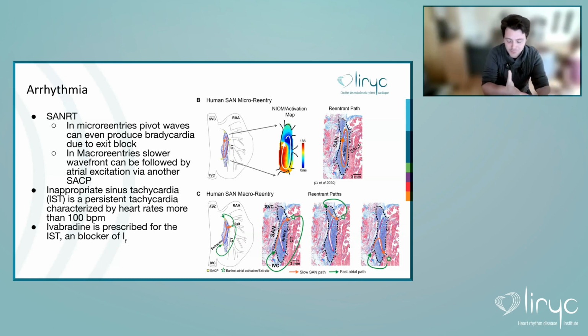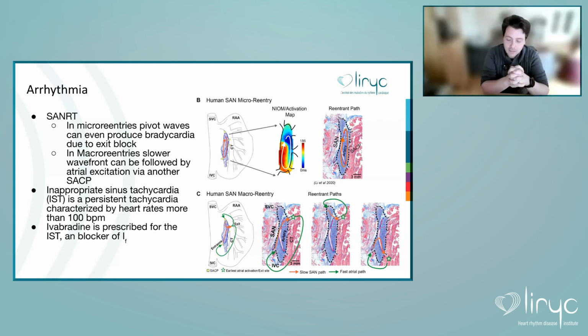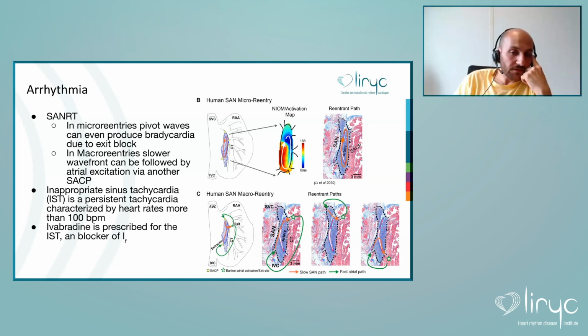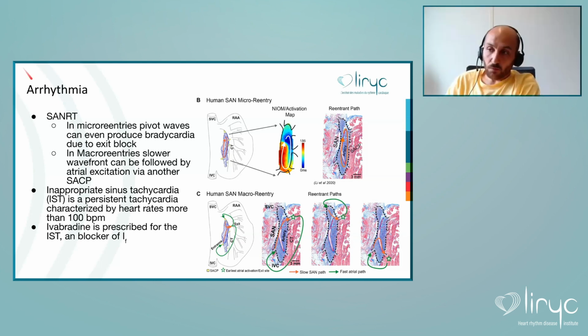Of course, nobody expects you to know this answer. It's just from your informed perspective. Would it be more a matter of an effective exit block from the sinoatrial node, or because of other reasons like ion current imbalance?